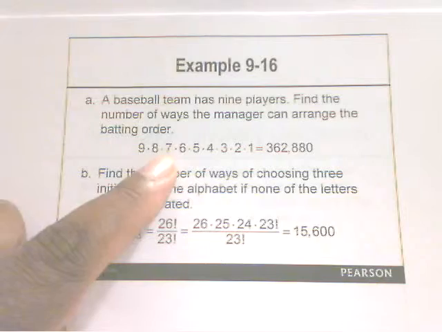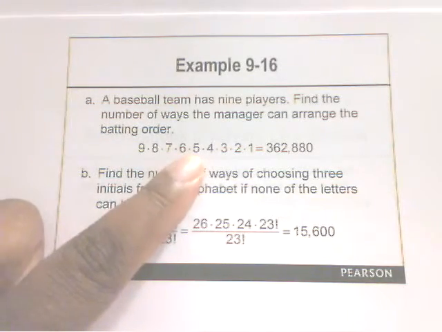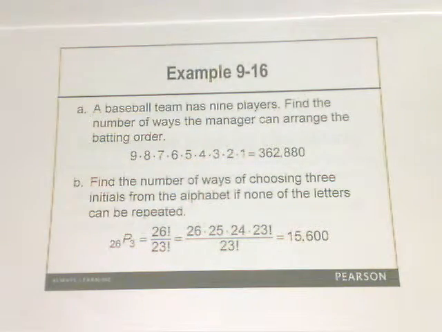So it'll be 9 times 8 times 7 times 6 times 5 times 4 times 3 times 2 times 1. Multiply that out completely, you'll get 362,880. So there are 362,880 ways that the baseball manager can arrange the batting order of a baseball team with 9 players.